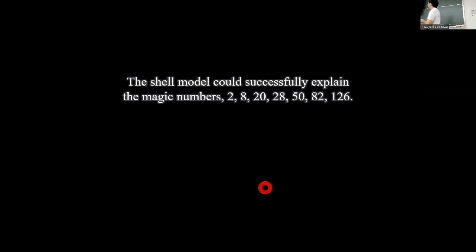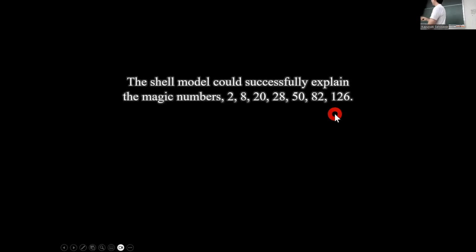Let me start with an explanation of the shell model. I introduced that some mean field or one-body potential can explain the emergence of nuclear closed shells, the so-called magic numbers, 2, 8, 20, 28, 50, 82, 126, and so on.